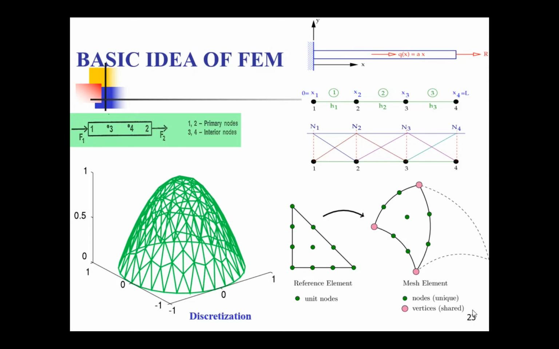When it gets deformation, you can see how it has deformed. Here you can see the vertex with pink color, which will get shared with the next element. The intermediate nodes won't get shared with the next element, but the nodes that are the vertices, we call them vertices, get shared with the next element. Thereby the meshing is possible.